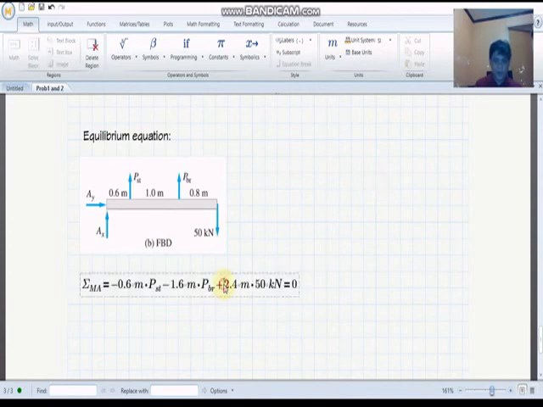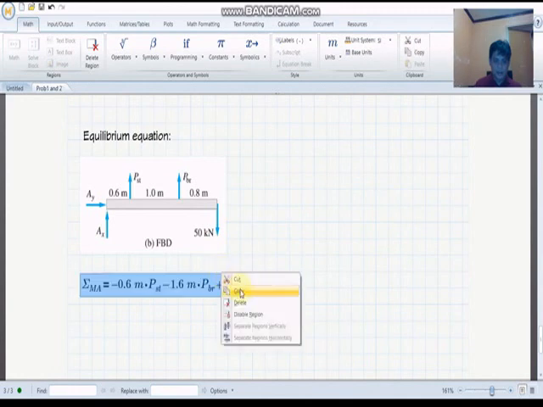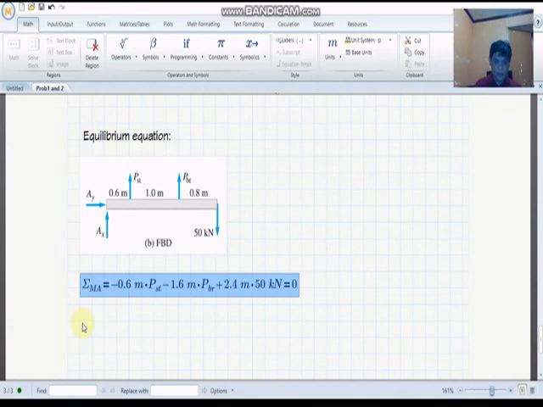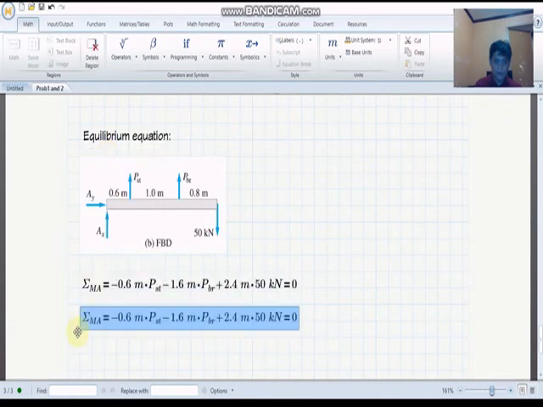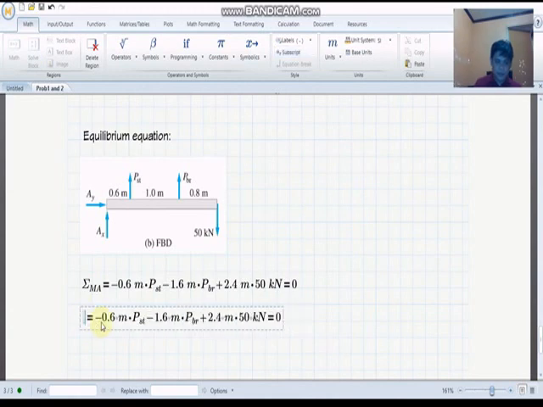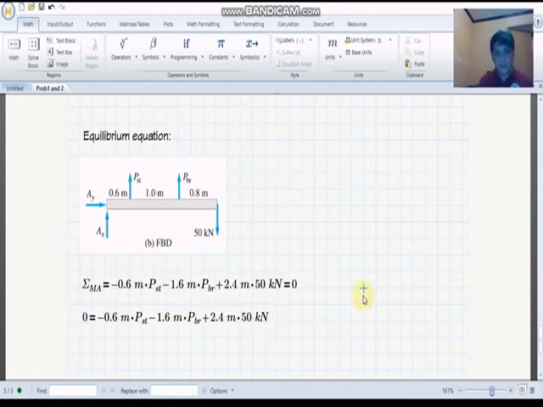So we can copy this. Okay, so this should be our equation 1.